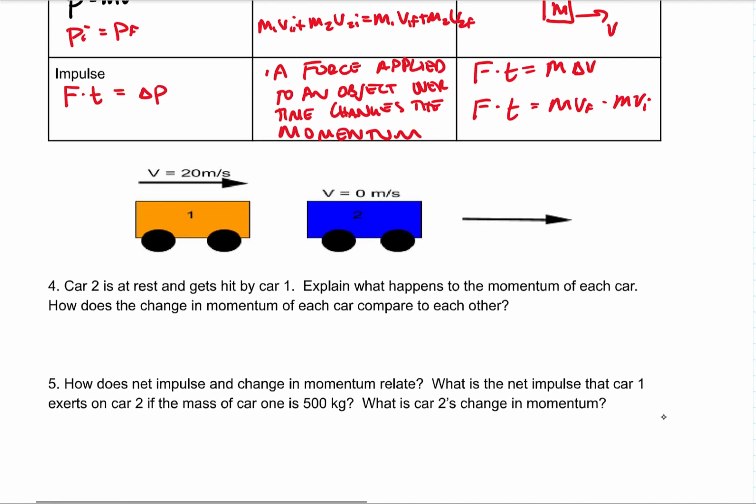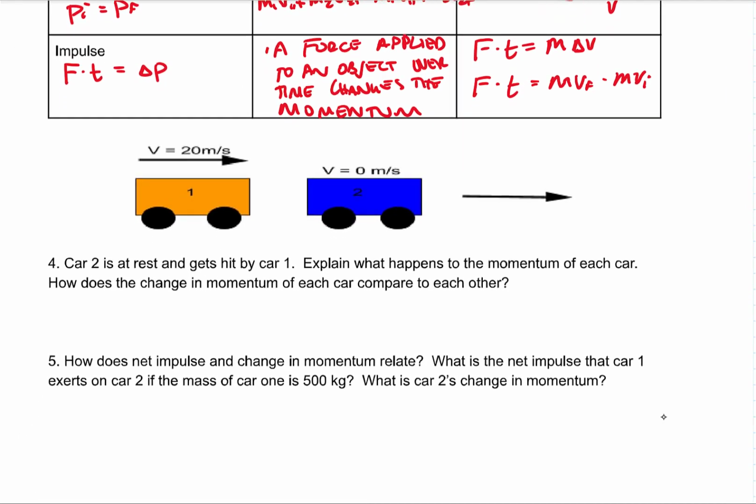Car 2 is at rest and gets hit by car 1. What happens to the momentum of each car? And then how does the change in momentum compare to each other? So when they hit, car 1 loses momentum.